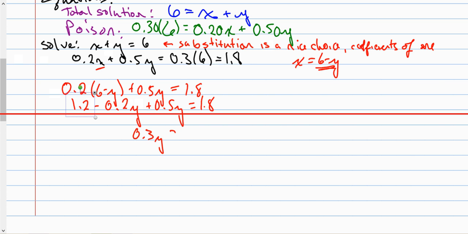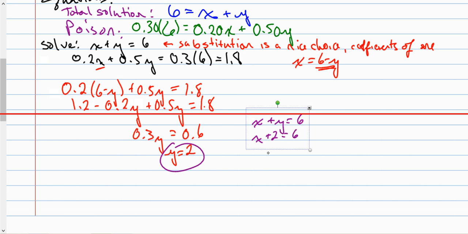Subtract the 1.2 over, I get a 0.6, so y equals 2. Divide. Now with this y equals 2 value, I'm going to plug that back into my other equation. X plus y equals 6. X plus 2 equals 6, so x must equal 4.